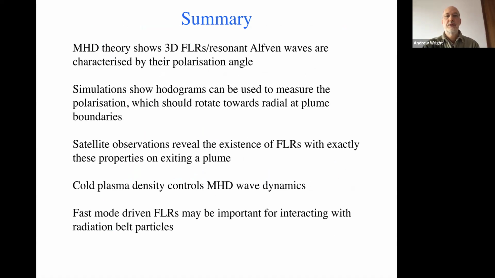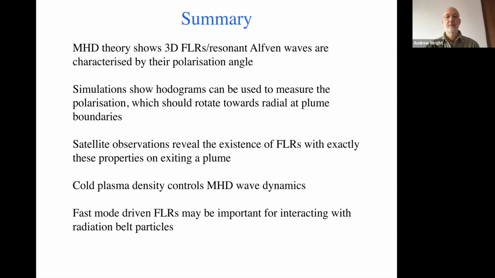So just in summary then, MHD theory has allowed us to derive the wave equation for Alfven waves with an arbitrary polarization. This agrees with the orientation you would deduce from the hodogram for the polarization.